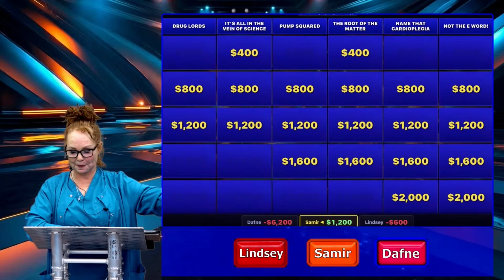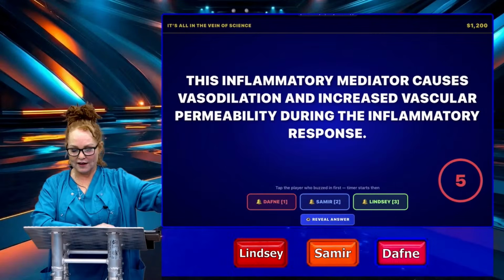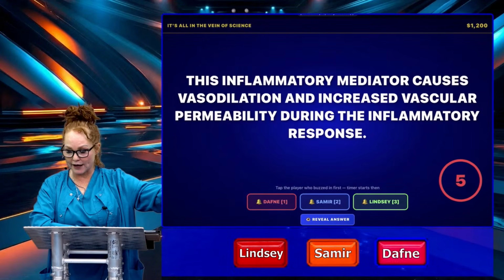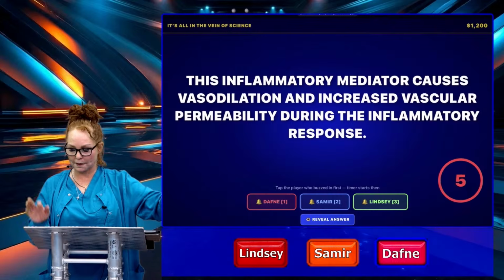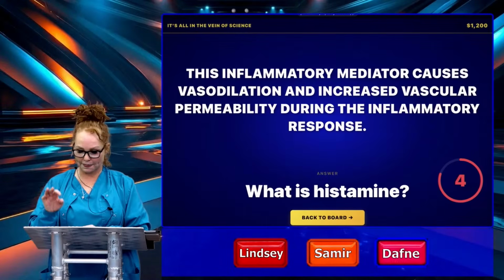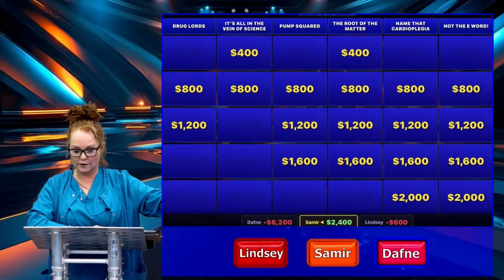I knew it was going to come eventually. Let's go with it's all in the vein of science for 1200. This inflammatory mediator causes vasodilation and increased vascular permeability during the inflammatory response. Samir, what is histamine? Correct. Good job, Samir. You have control. Let's go with pump squared for 1600.